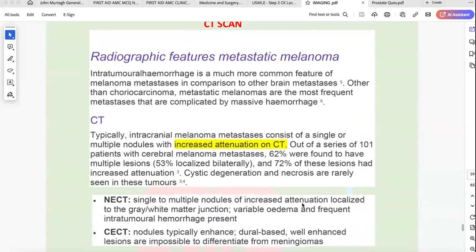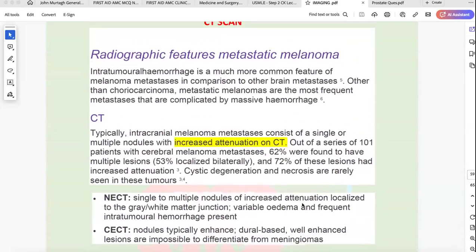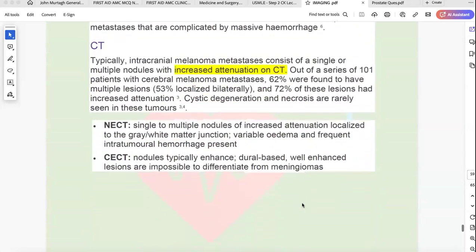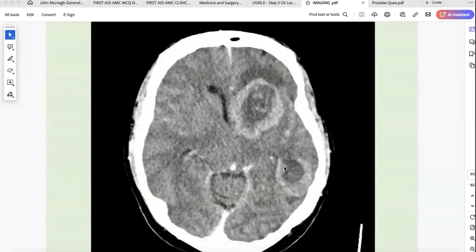It is very difficult to differentiate metastasis from just a brain tumor, but the main thing is always the history. If a patient is a known melanoma patient, then that patient definitely has a high risk of metastasis. So in metastatic melanoma, look for multiple metastatic nodules, because if you get that, you can be confident. But sometimes you can get only one.